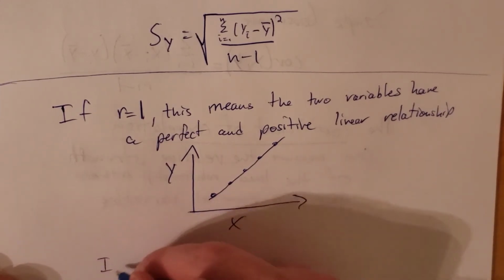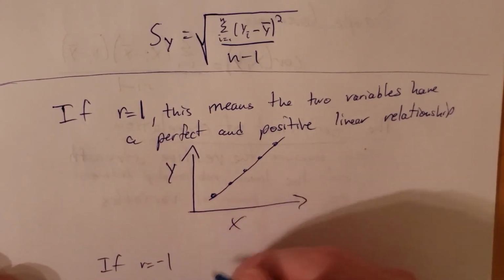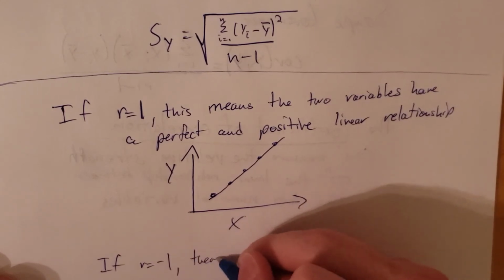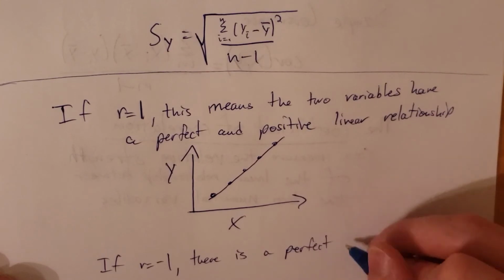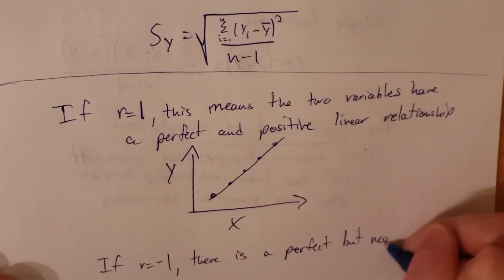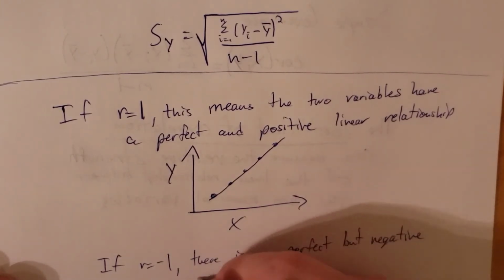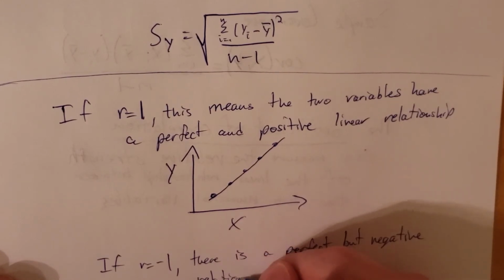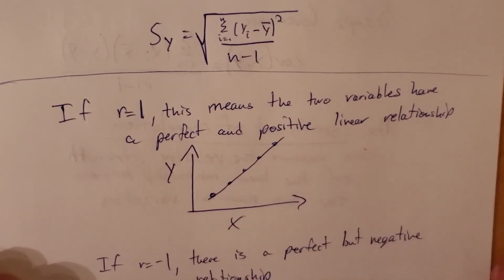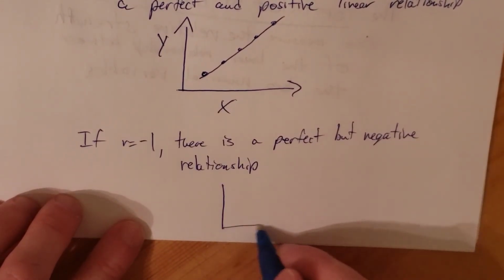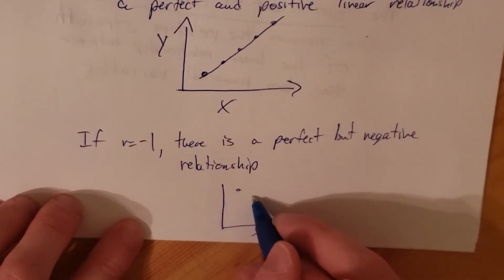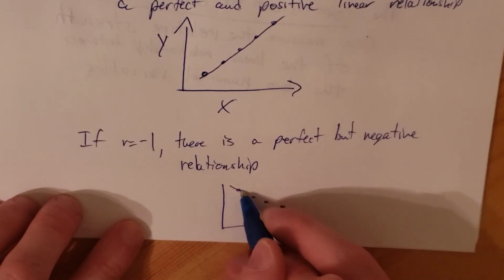Similarly, if r is equal to -1, there is a perfect but negative relationship. And what does that mean? Well, that just means the same thing, except the slope is negative.